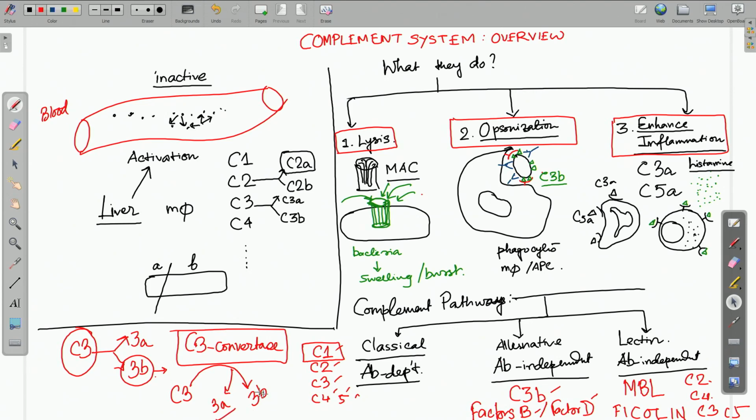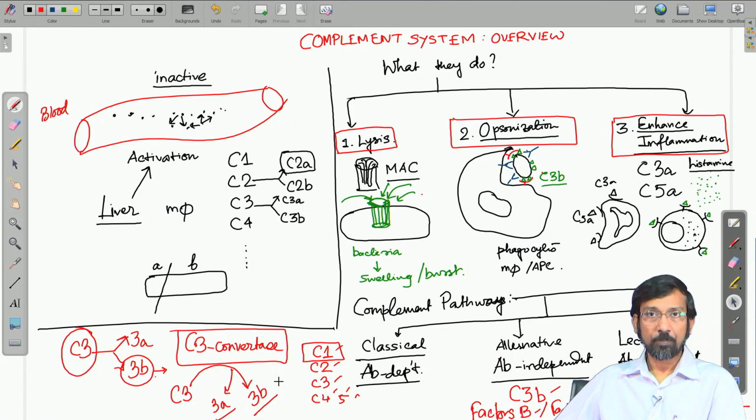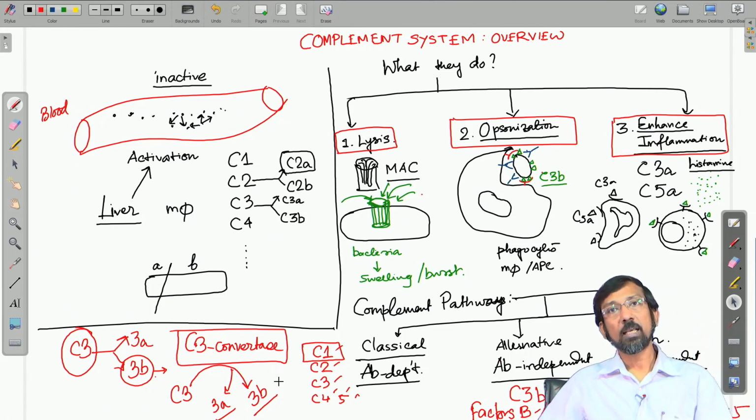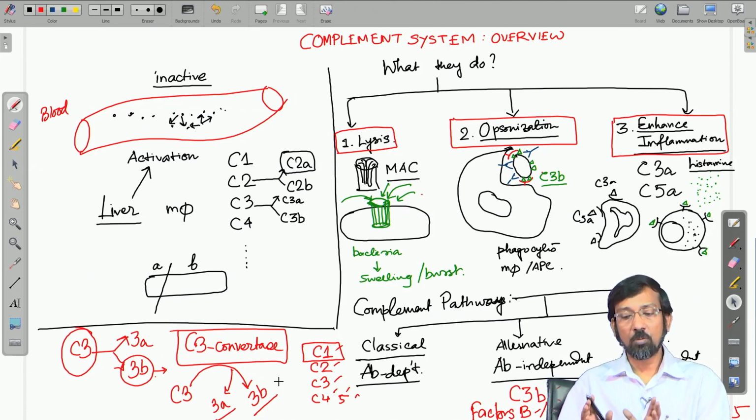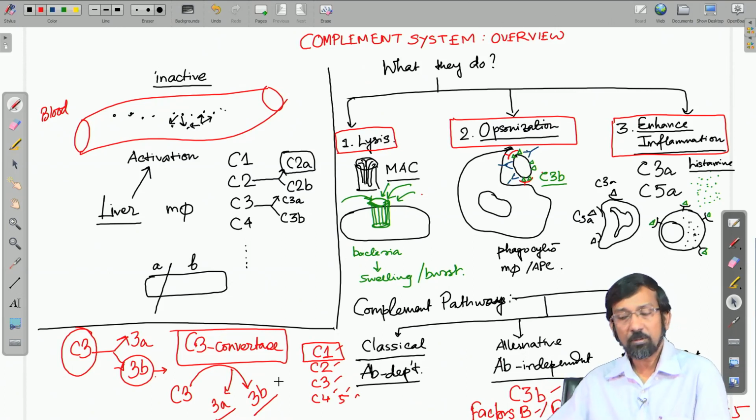We will see in our next lecture how these complement pathways produce this C3 convertase, and how this C3 convertase breaks down C3 into C3a and C3b. We will discuss this in more detail in our next lecture.